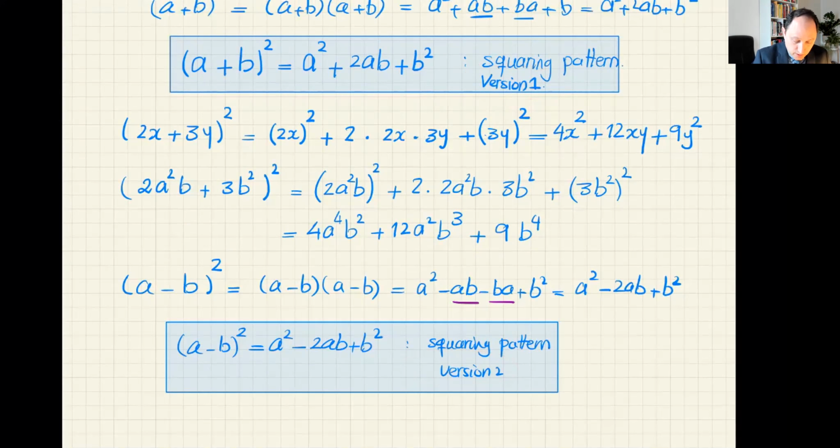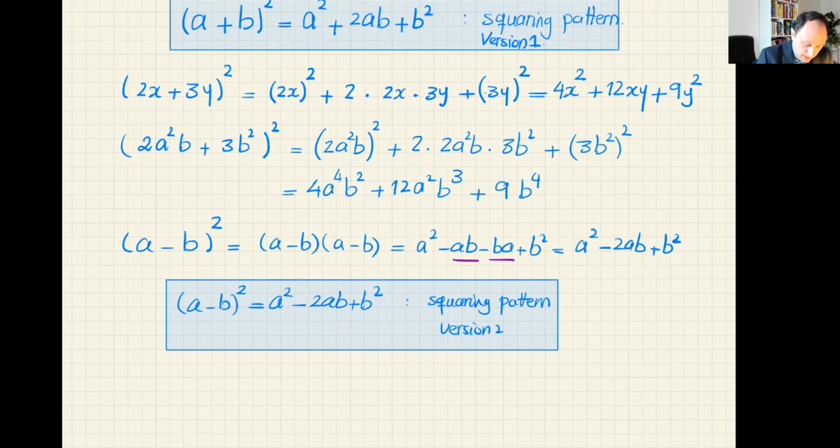I didn't do this in this way of proving. I just multiplied them, but I can do that, yes. If I want to do another way, so let me write it with a different color. Every difference can be viewed as a sum. Can you tell me how? How can I see this difference as a sum? Plus the negative version of the thing you're subtracting.